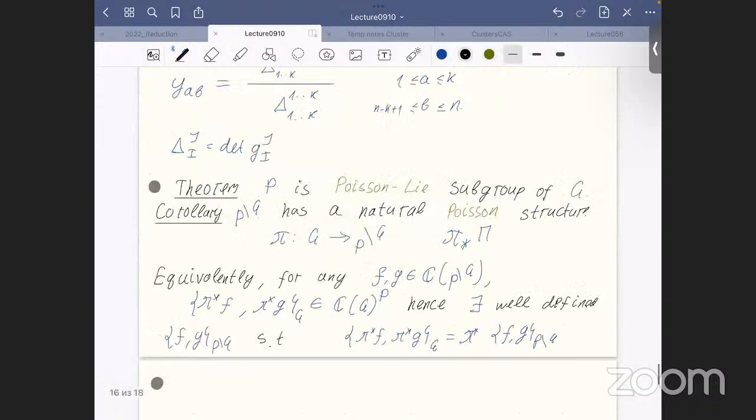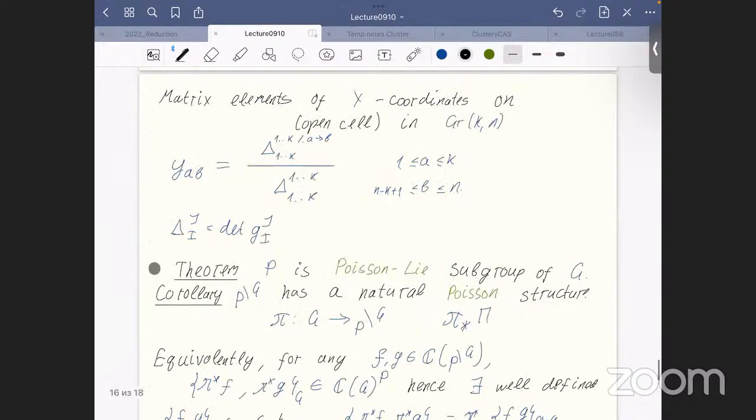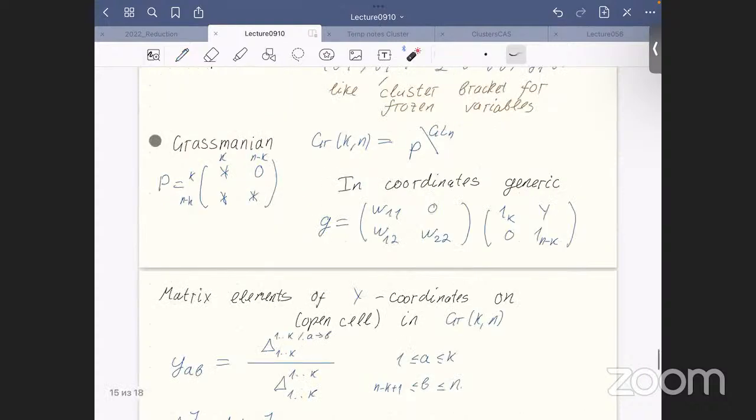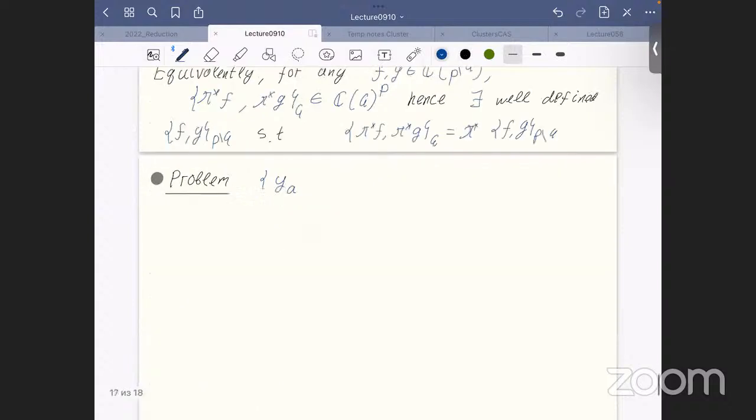Okay, this general definition, one can ask, can this lead to some concrete formula? It can, and the problem I want to review is this: if you compute the Poisson bracket of matrix elements of this matrix Y, maybe it would be the upper indexes, because at any point I can consider minus.